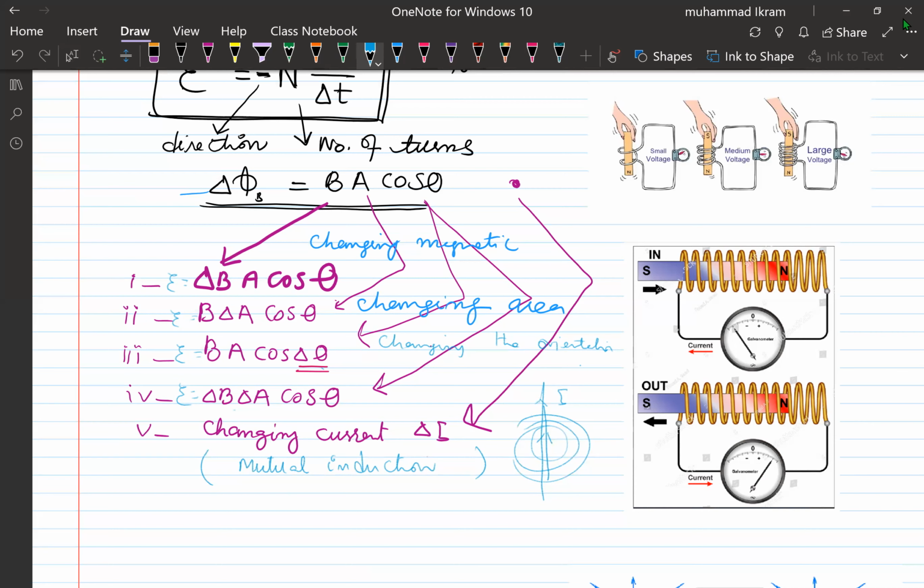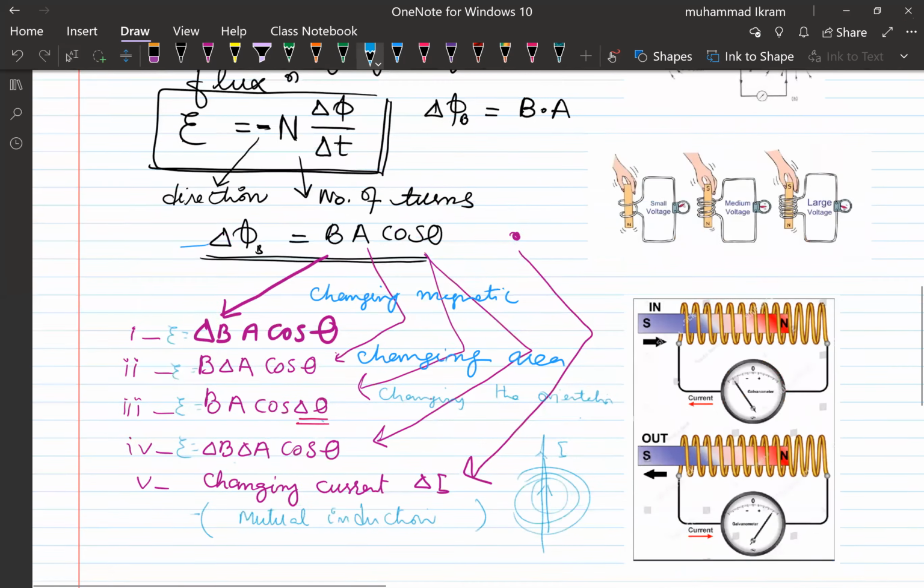That is what you might be using at your home, like a cordless charger. The cordless charger works on this principle. So this is also a way in which you can transfer energy from one point to another.